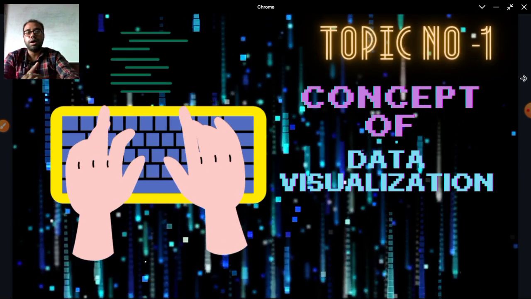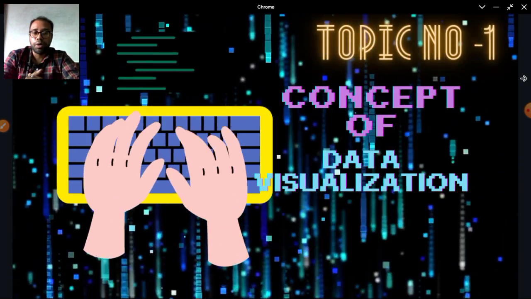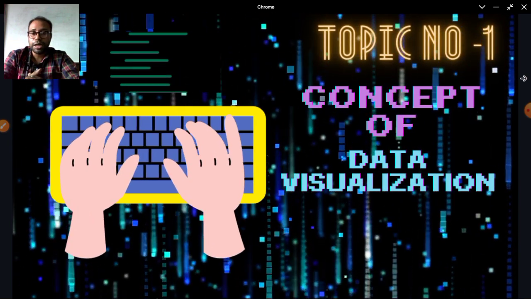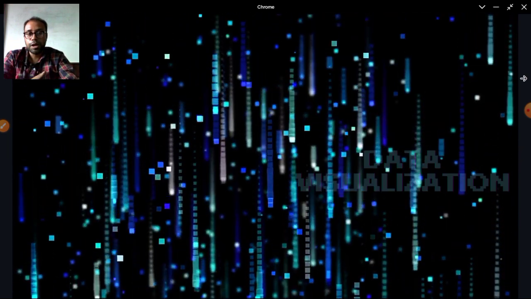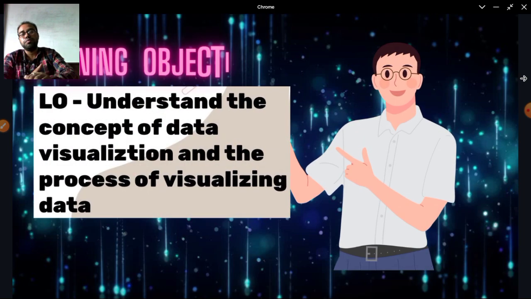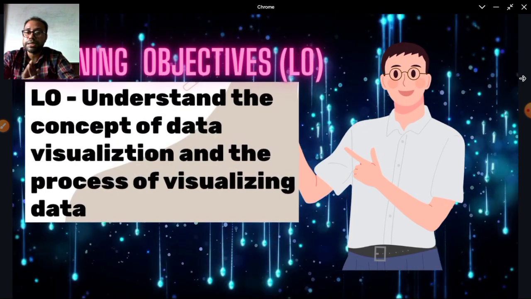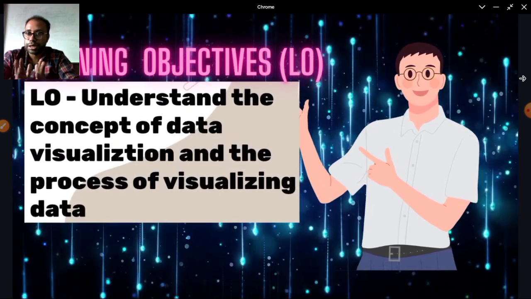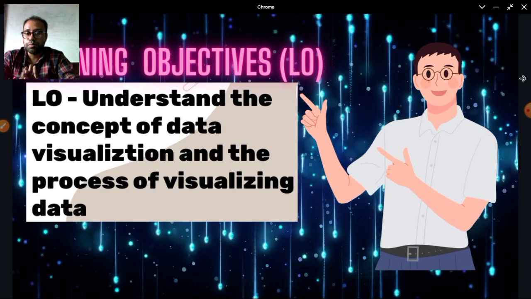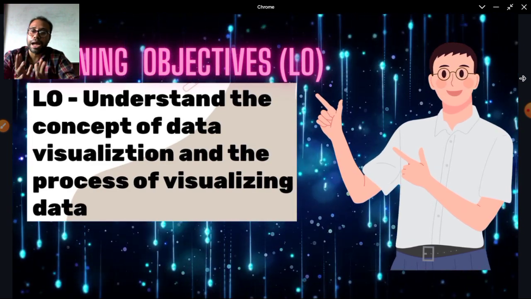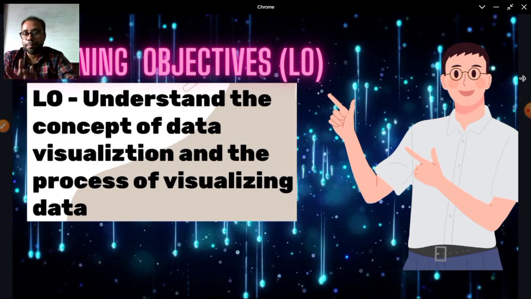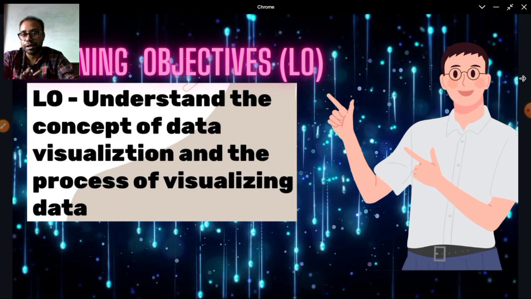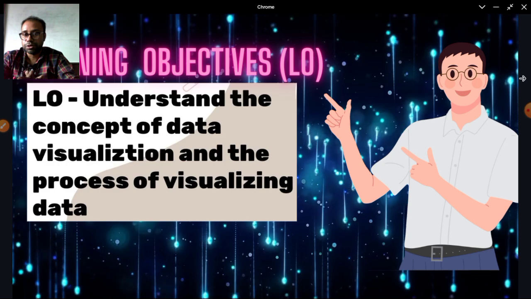So we come down to the first topic, number one, that is what is data visualization, or what is the concept of data visualization. Now, our learning objective here is that visualizing means the act of representing data. Okay, so whatever statistically analyzed data is present in front of us, we can map it, we can represent it graphically with the help of data visualization.